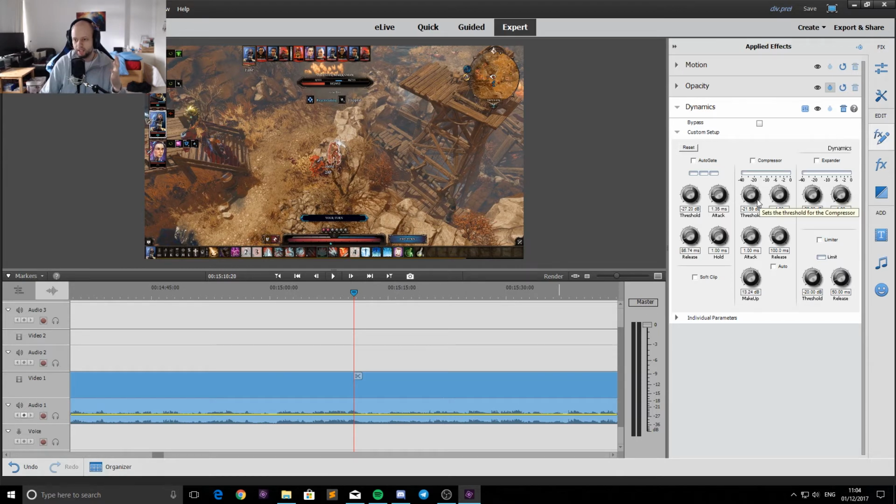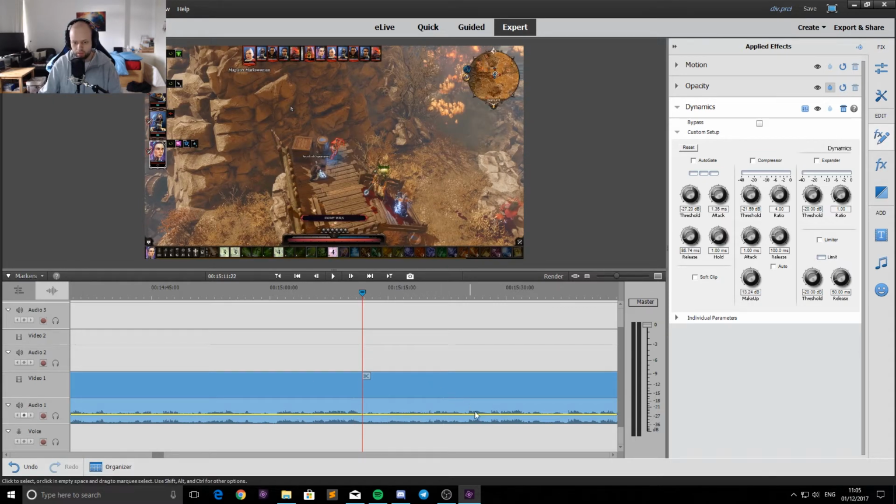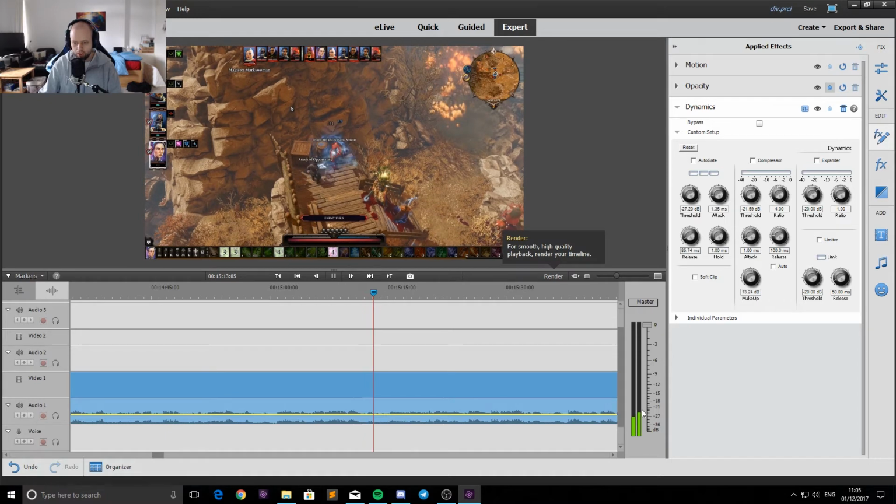And the reality is we need our threshold to be low enough so that compression will be applied to the stuff that's in the low end of my signal as well. So if you take a look at this very quiet portion, we got levels between -15 and -21 dB, and that's why I have -21 here.